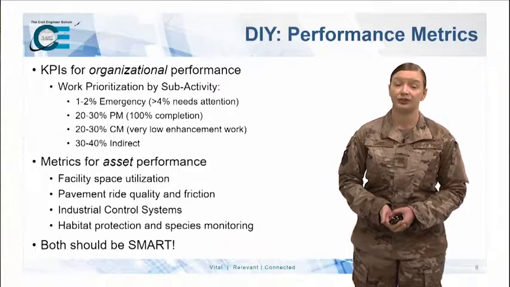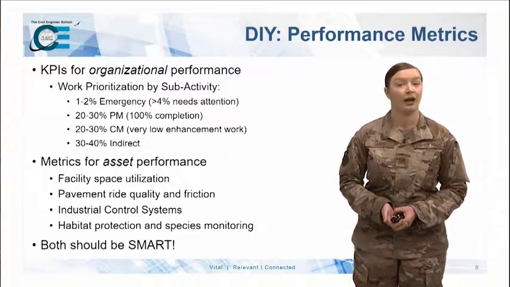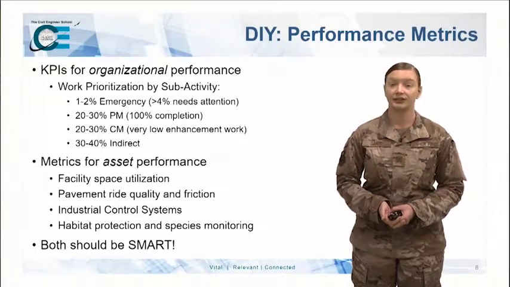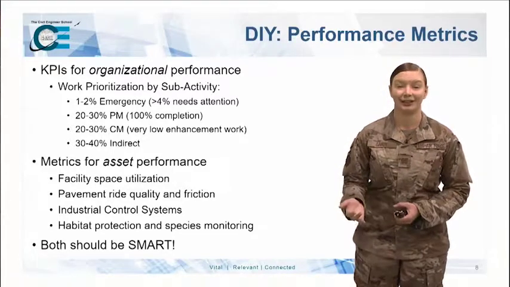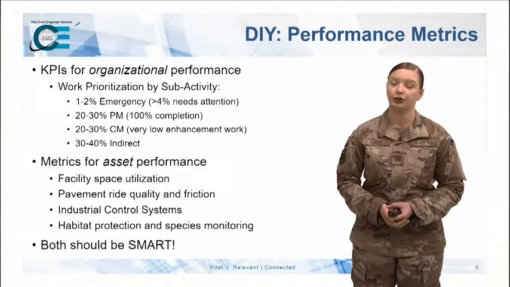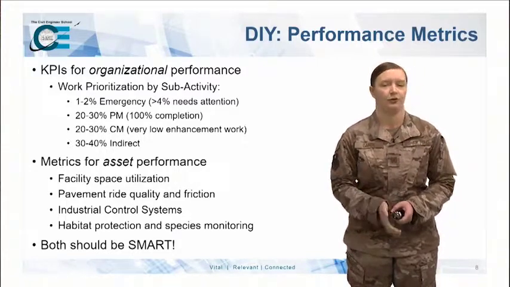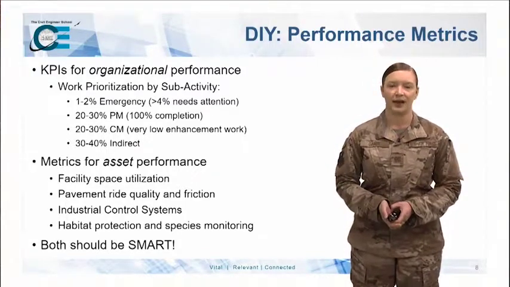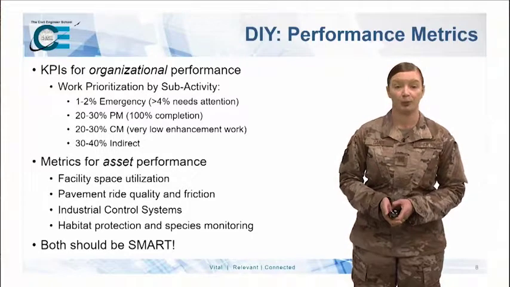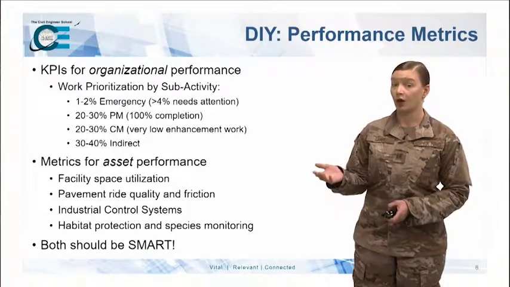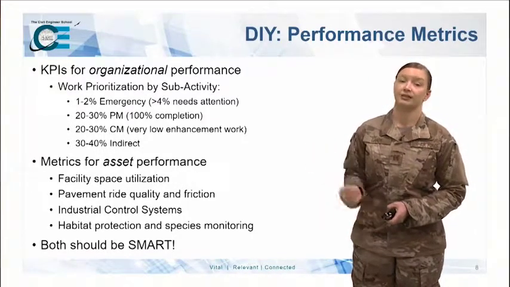Remember that preventive maintenance is our first type of scheduled work. We want it all to get done because that's what's going to keep your good assets good. And by comparison, you can look at the amount of corrective maintenance and also the type of corrective maintenance that's happening in your sub-activity. So in terms of key performance indicators, you could have more, but these are some that we recommend to get started.